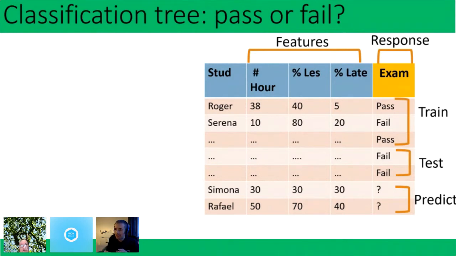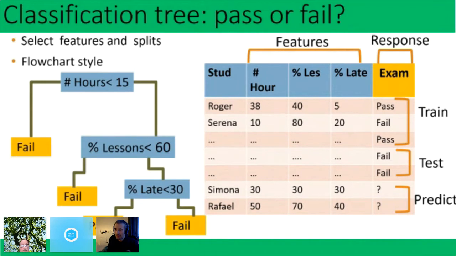So how does the classification tree algorithm approach this problem? How does it try to predict whether the students will pass or fail? Essentially through a series of yes and no questions.